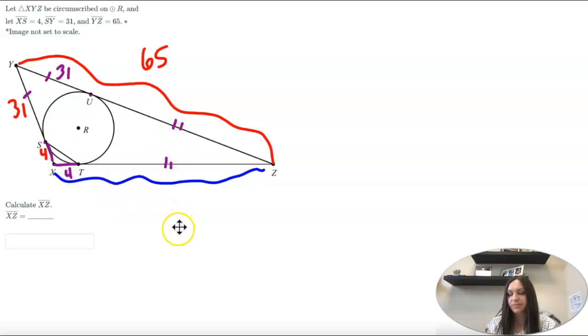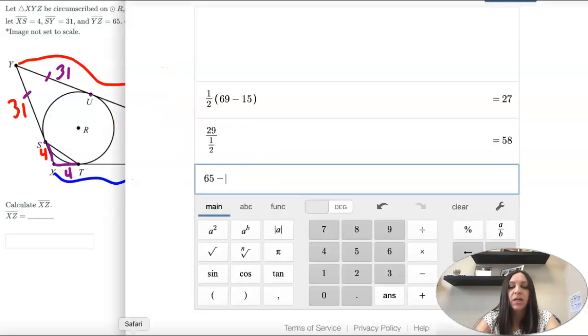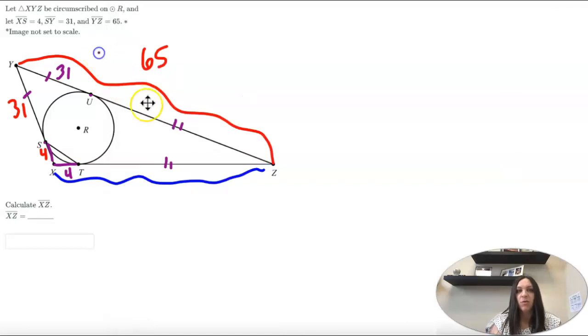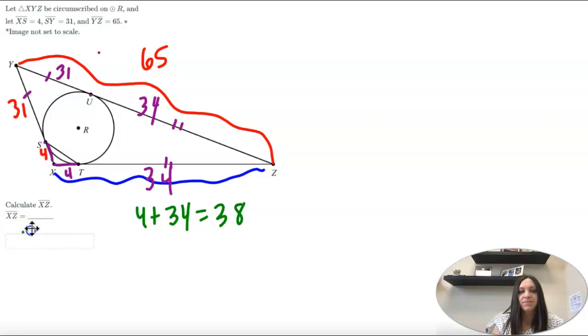These two lengths. So because this whole thing is 65, and I know a section, I can find this other section. So 65 minus 31 is 34. That's 34. That's 34. But we want the whole thing, so 4 plus 34 is 38.